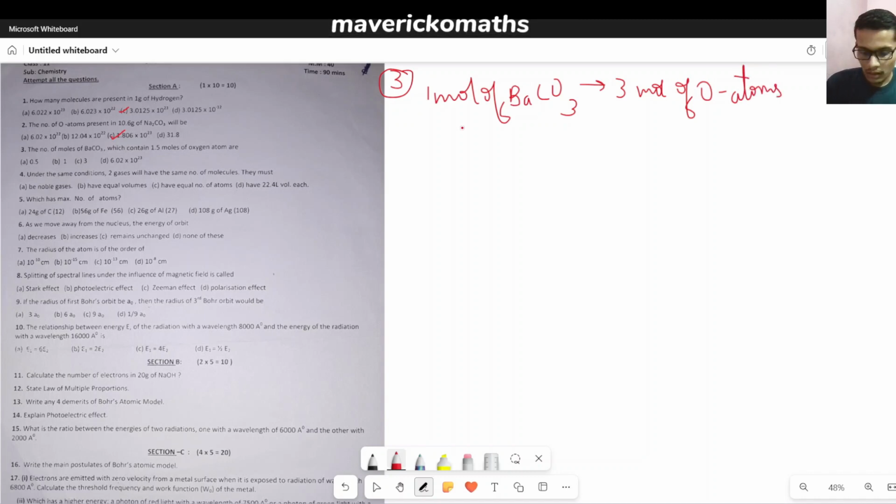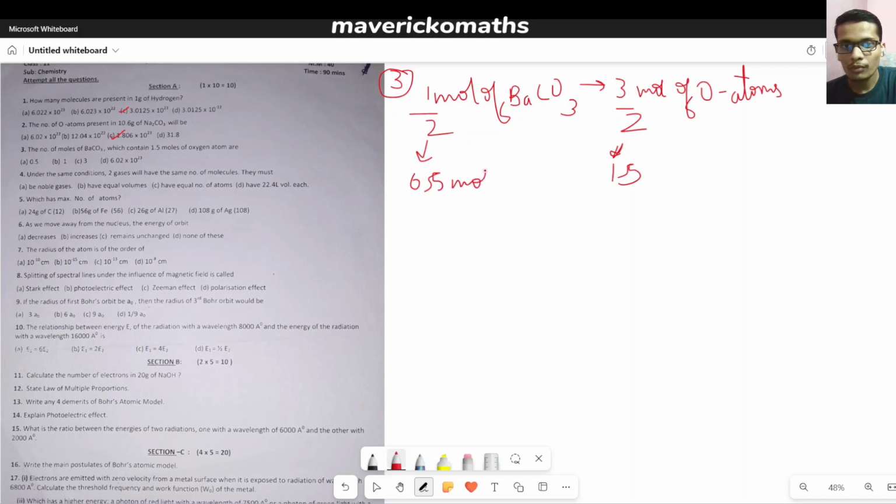So we have to find how many moles of BaCO3 will contain 1.5 moles of oxygen atoms. We will divide by 2 here, and here also we will divide by 2. It will be 1.5, and this will be 0.5. So the answer is 0.5 mole of BaCO3, which is the A part.